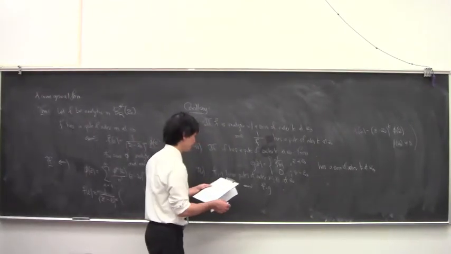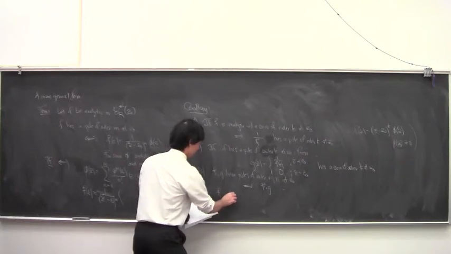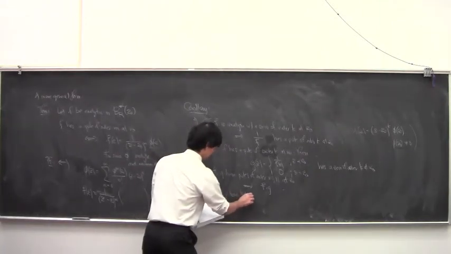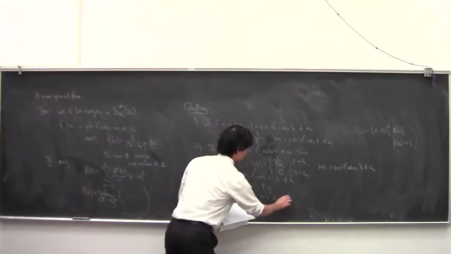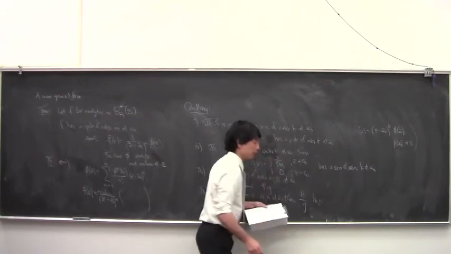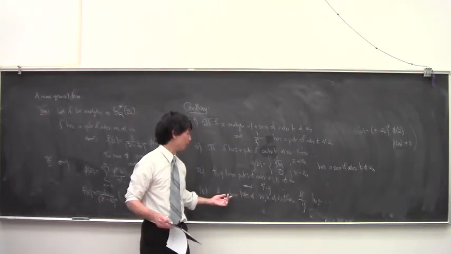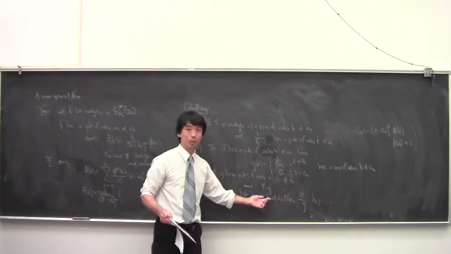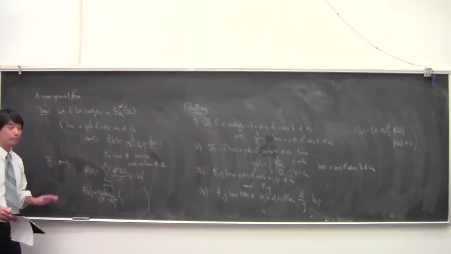And you could say stuff about f over g, where it sort of depends. If m is bigger than n, you're going to have a pole. If m is equal to n, you have a removable singularity. If m is less than n, then you have a zero. So it's pretty obvious.